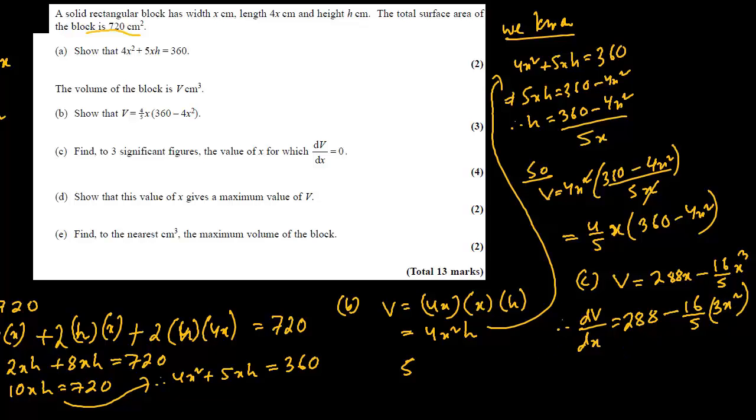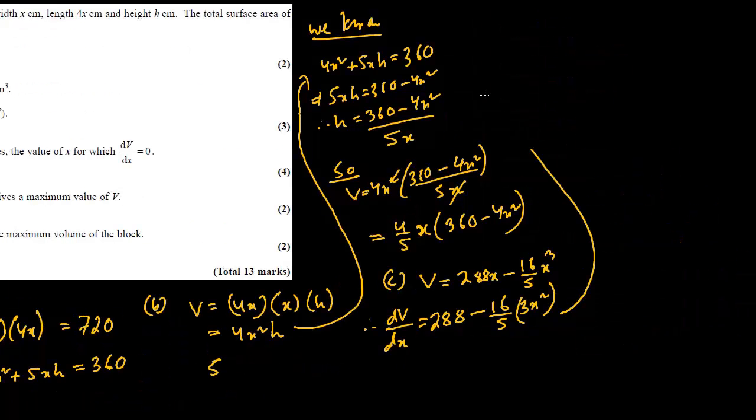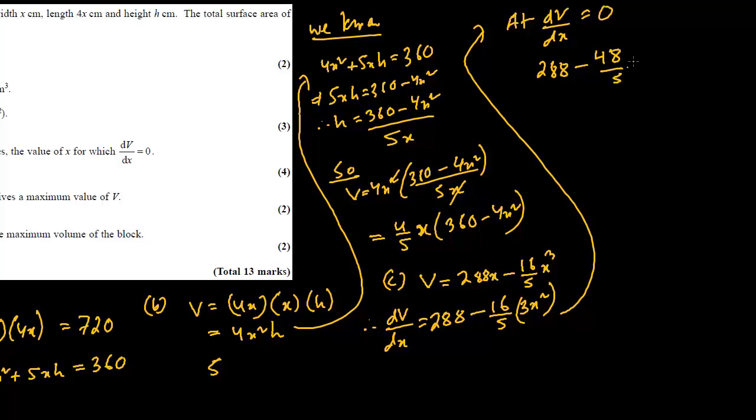So now what happens when at the turning point gradient is 0? So we can write at dv by dx equals to 0, 288 minus 16 3s are 48, 48 by 5 x squared equals to 0. That means 288 equals to 48 by 5 x squared. That means 288 into 5 divided by 48 equals to x squared.